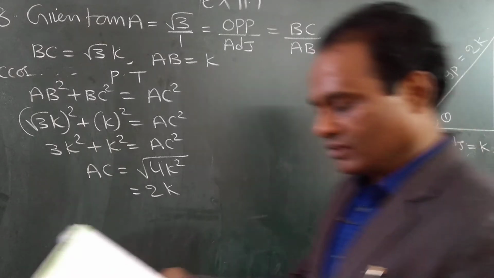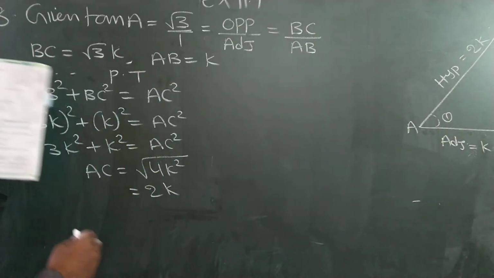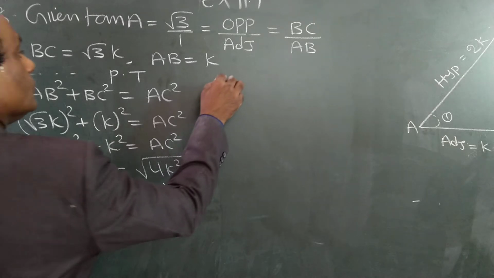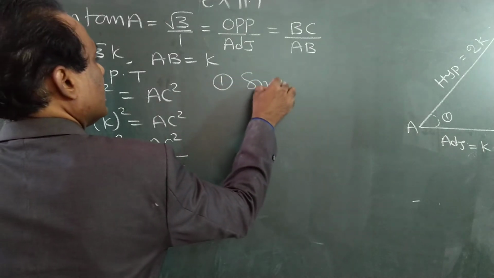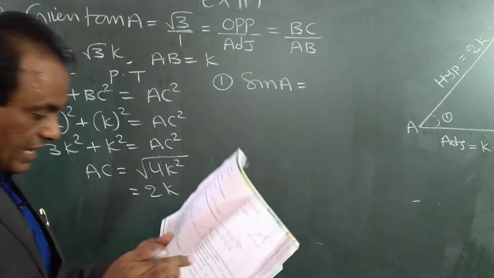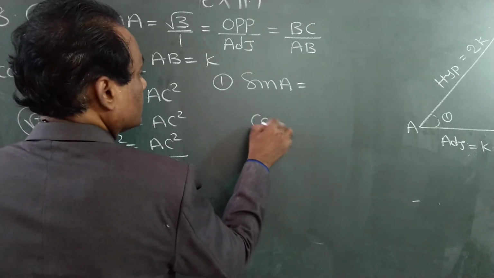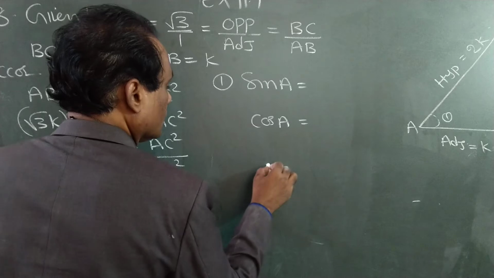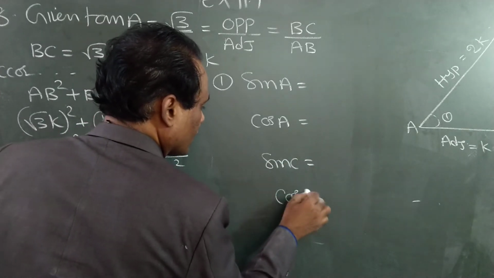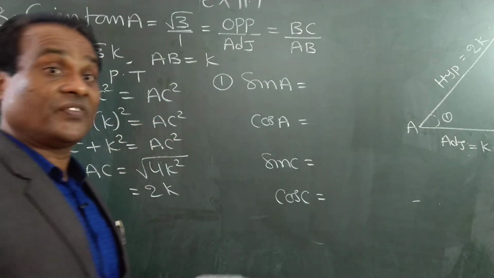What is our question? First question: sin A cos C plus cos A sin C. Now, first question, sin A, cos A, sin C, cos C. This is a difficult problem.